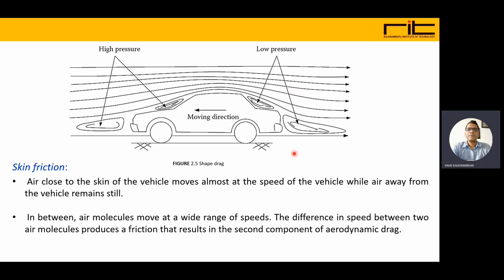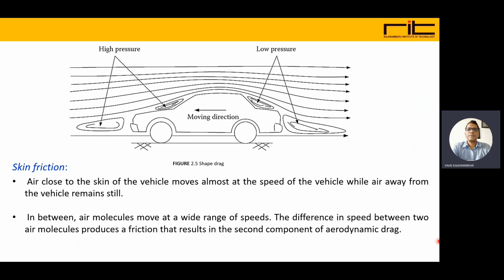Now another force is because of the skin friction. The air close to the skin of the vehicle moves almost at the speed of the vehicle, while air away from the vehicle remains still.